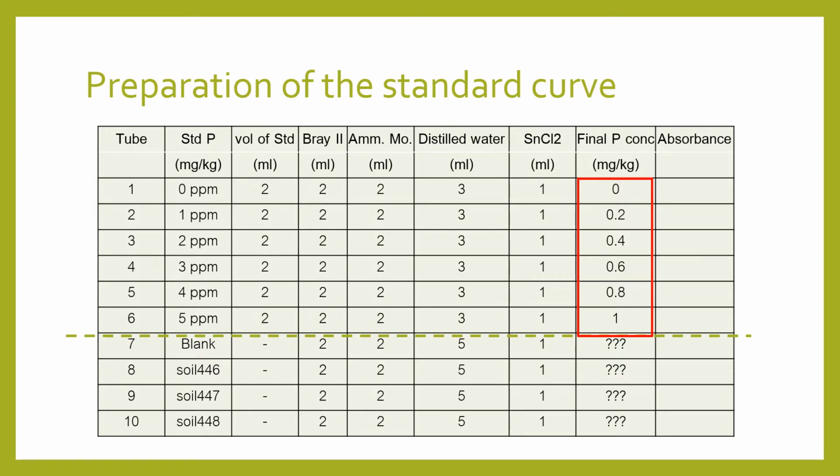And the next step, we will prepare the test sample. So we will have 4 tubes of sample. The first one is the blank, to which we add 2 milliliters of fresh extracting solution. And for the other samples, we will add 2 ml of filtrate solution.